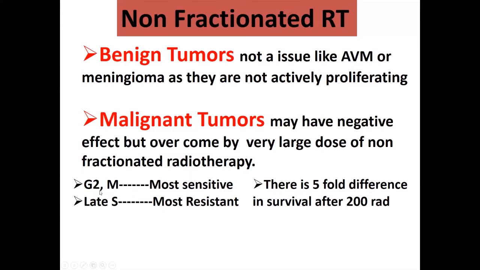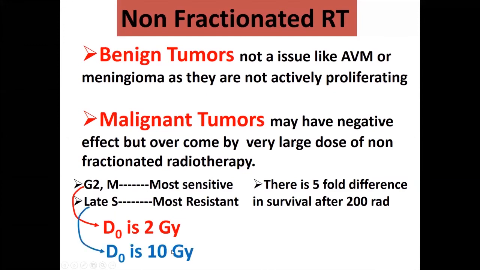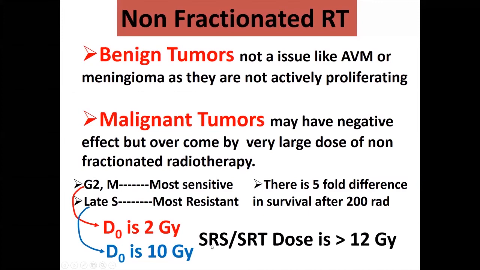We discussed that G2M is the most sensitive phase and S is the most resistant phase, and there is a 5-fold difference in survival after 2 gray. So for the most sensitive phase, if D0 is usually 2 gray, then for the most resistant phase, the D0 will be 10 gray. And how much do we deliver with non-fractionated radiotherapy? Usually more than 12 gray.